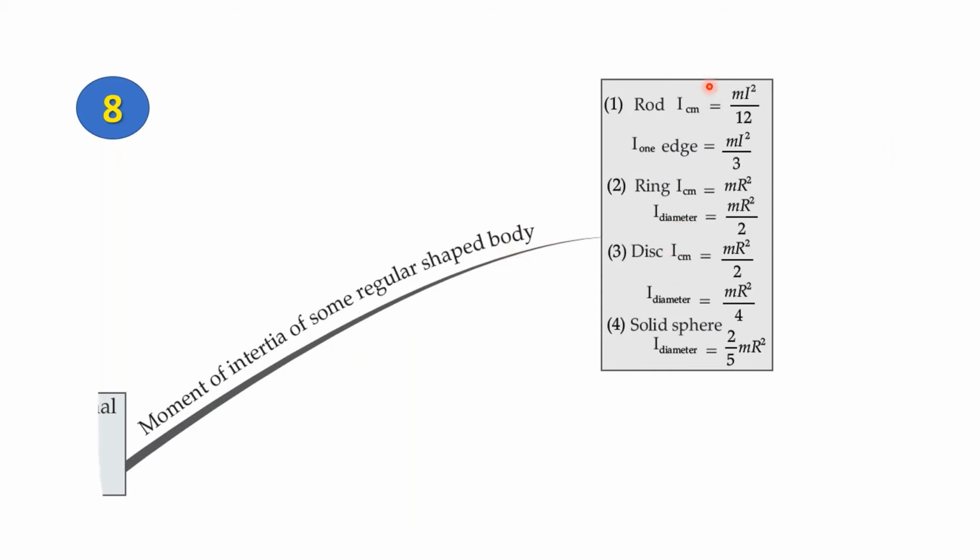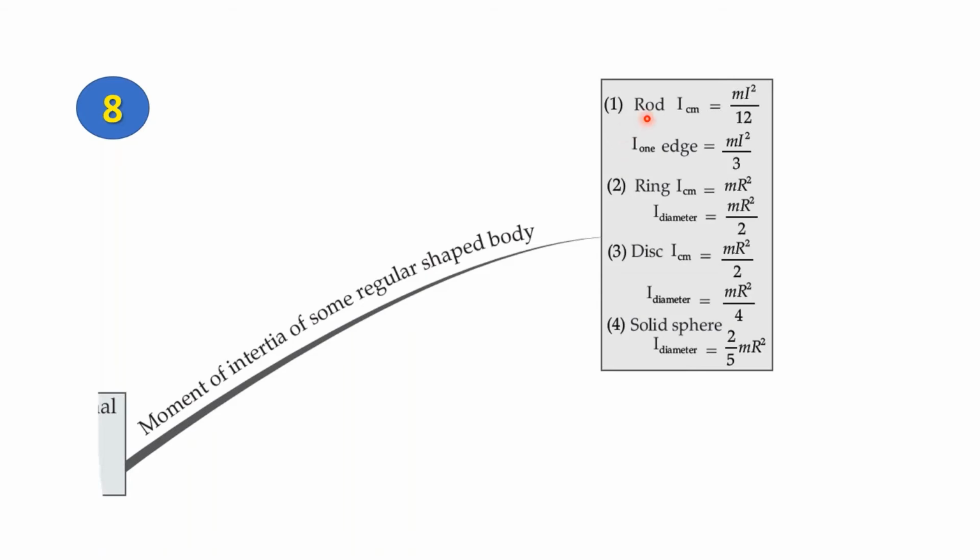For grade 11 school exams, the questions are usually from a rod, a ring, a disc, and a solid sphere. If you want to study more objects such as a hollow sphere, you can do so, but for your school exams, these four figures are sufficient.